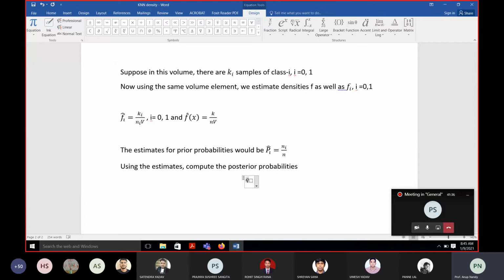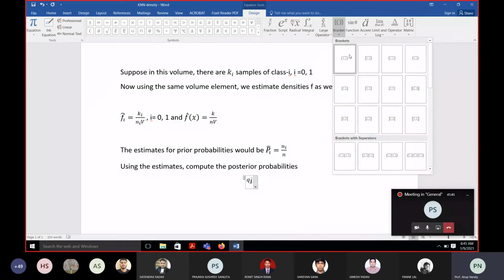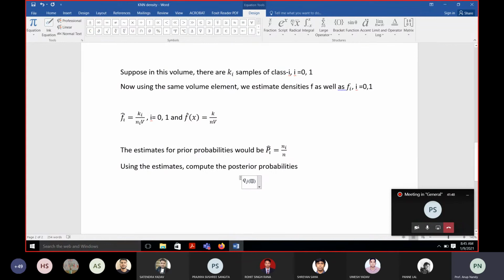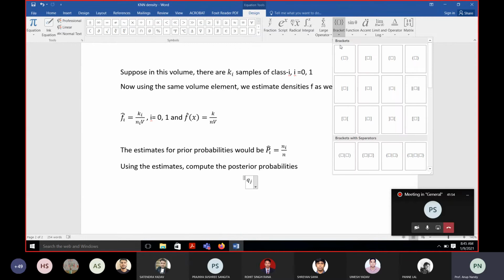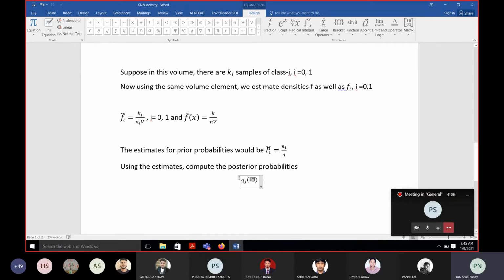I am writing it as a Q and I am using some other notation because I has already been used. So I use J, or you can simply write this P(x), no problem. That is Qj(x) is equal to the same formula.